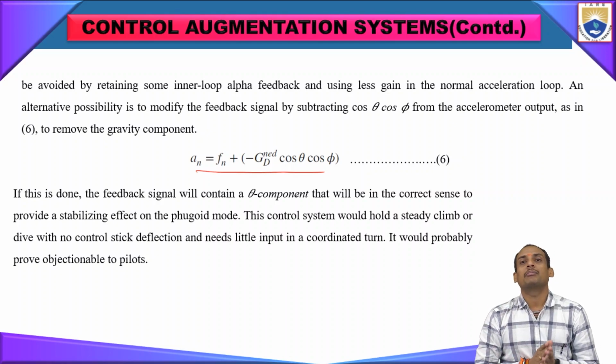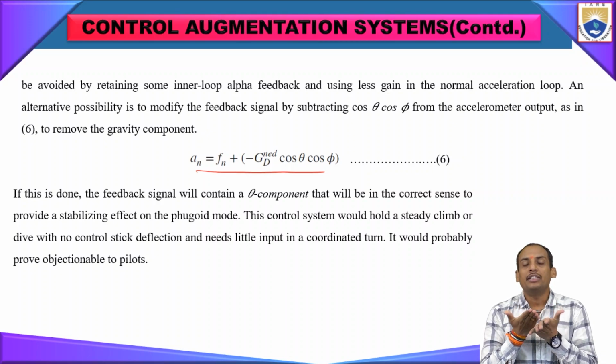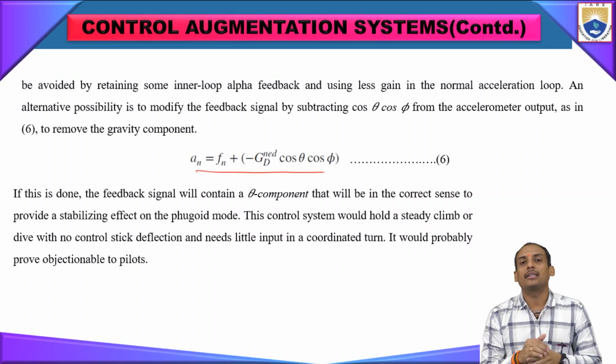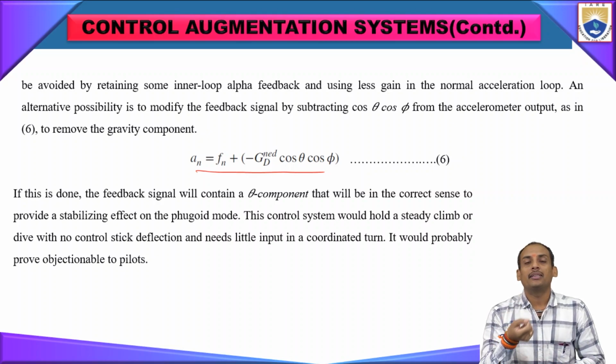So this way the CAS system, like the control augmentation system, will be perfectly installed in this normal acceleration system and pitch rate system with this non-zero component and zero component, with C star values also. If you use these values, you can see how well advanced this system will be, and how well posed it will be for designing normal stability also.